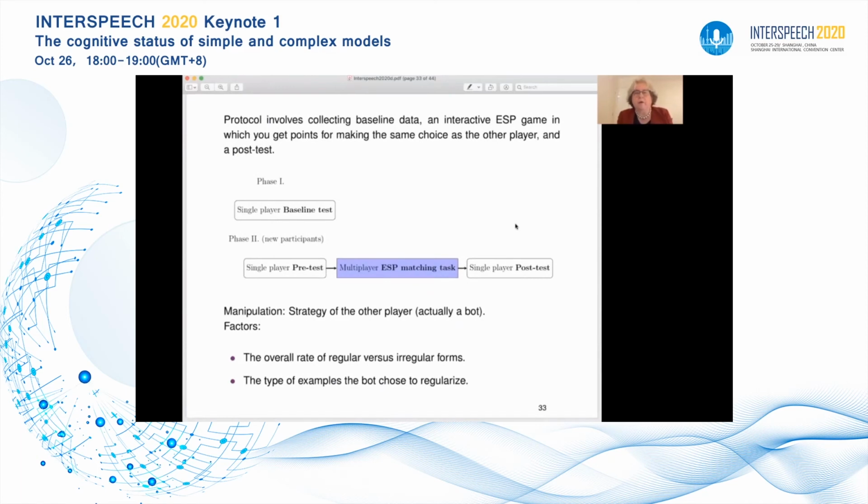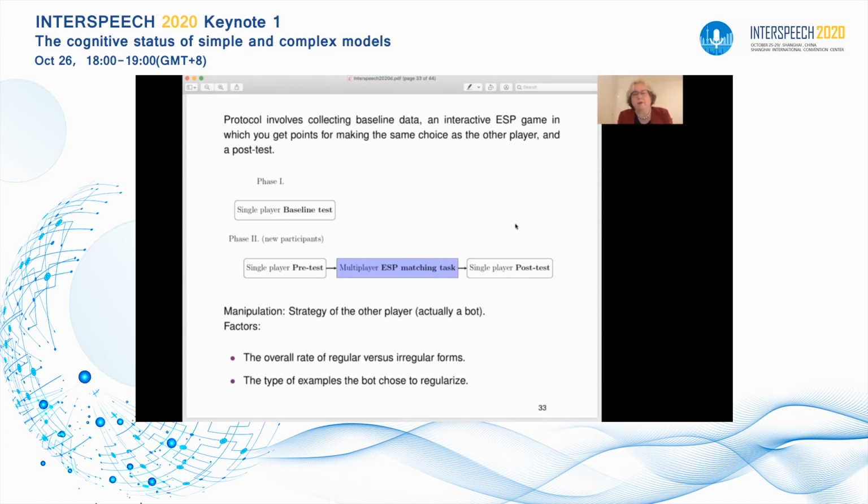The protocol involved collecting baseline data and then an interactive online game, which is referred to as an ESP game. And that's where you try to intuit what the other player thinks is the answer. And then if you both put out the same answer, you get a point. And then there was a post test.